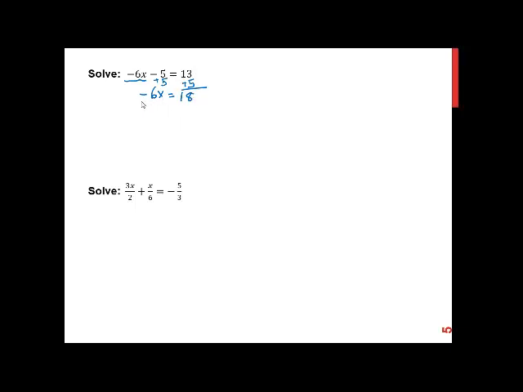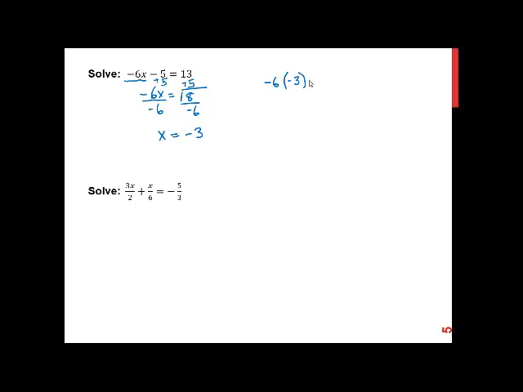At this point, I want to turn this negative 6x into a 1x, or just x. And to do that, I'm going to divide by negative 6. And that gives me x equals negative 3. Looking at our original equation, let's plug the negative 3 in and see if that gives us a true statement.